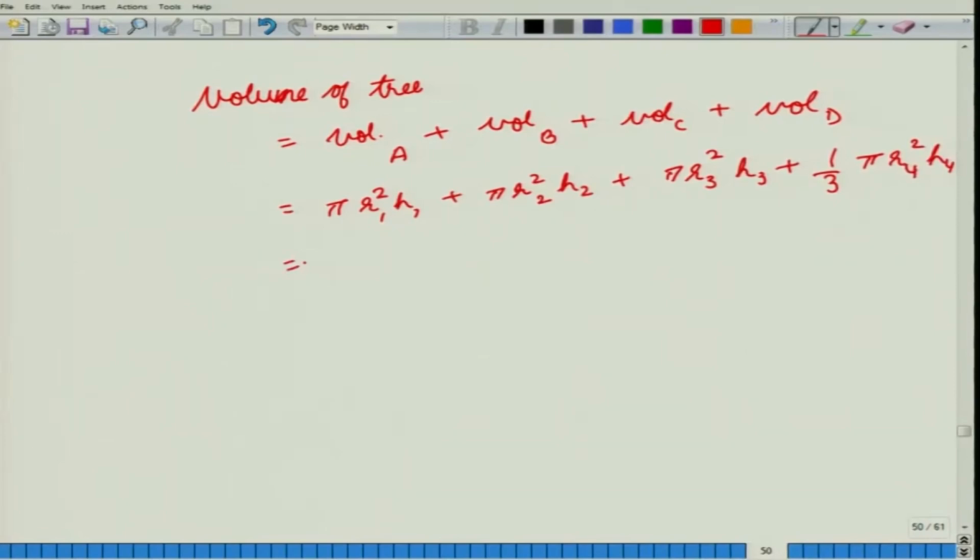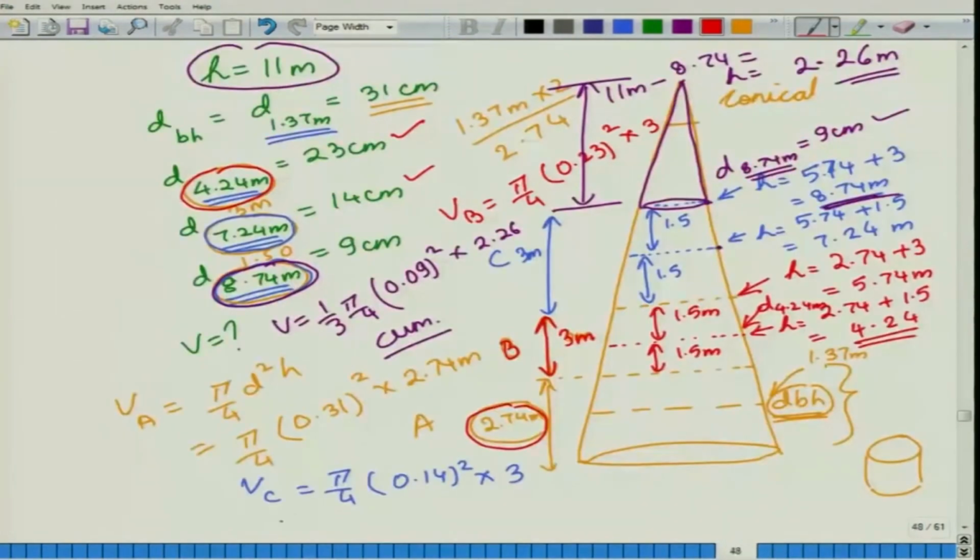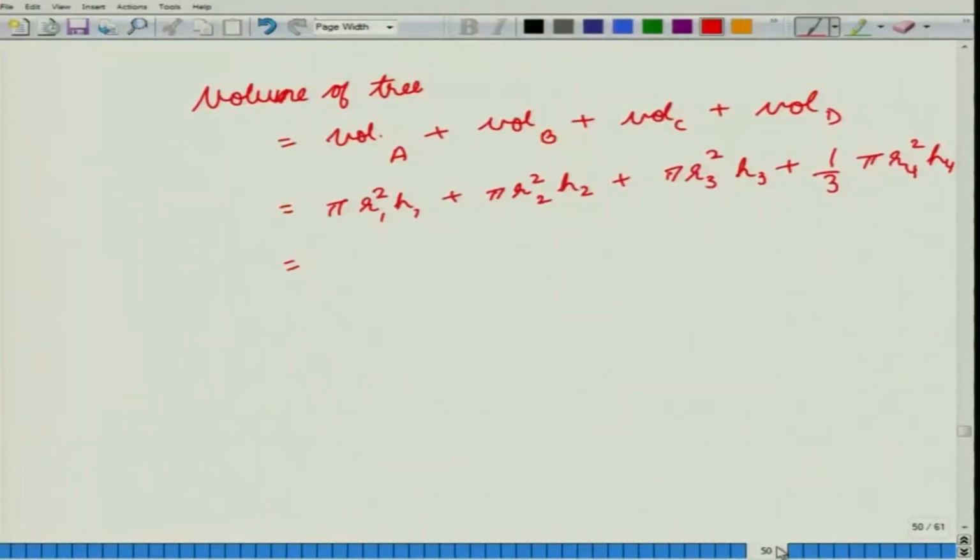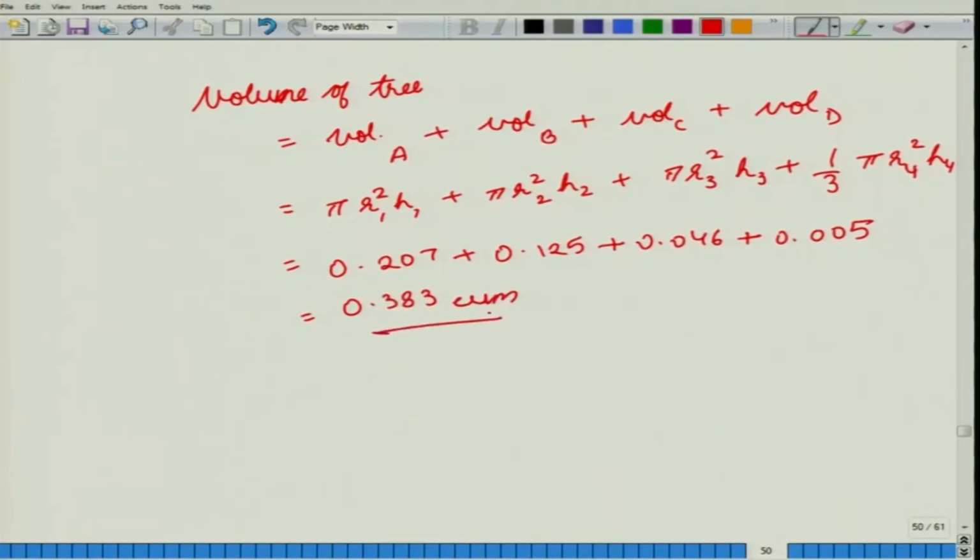Now, in our example case, we have already calculated these volumes in terms of these formulae. If we computed these, we would find that it is 0.207 plus 0.125 plus 0.046 plus 0.005. So, the total volume is 0.383 cubic meter.